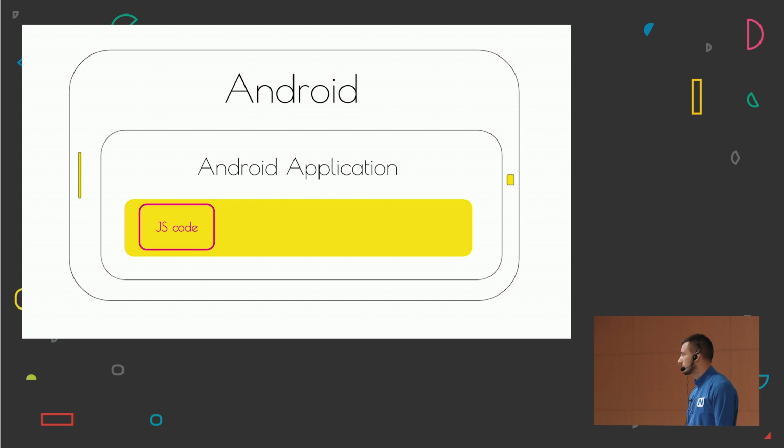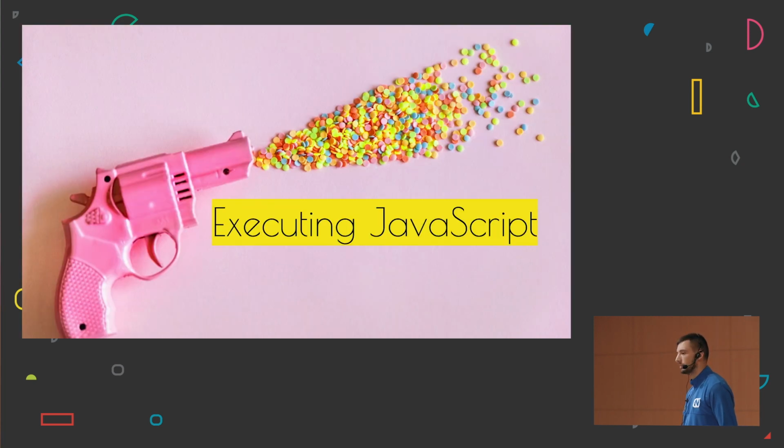And what is this NativeScript magic? Well, we have the user's JavaScript code, which consists of the business logic of the application. And we have the NativeScript runtime, which could be considered as the bridge between JavaScript and the Android world. And we should probably talk a little bit about executing the JavaScript.